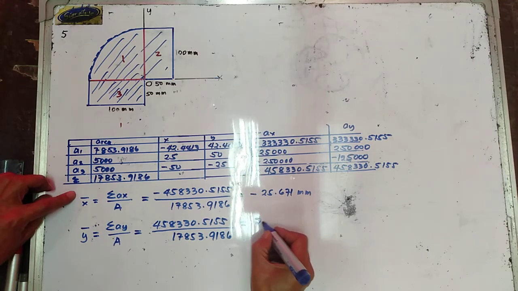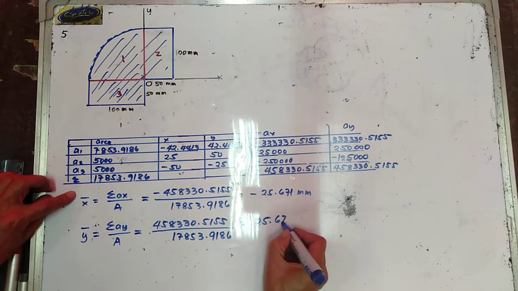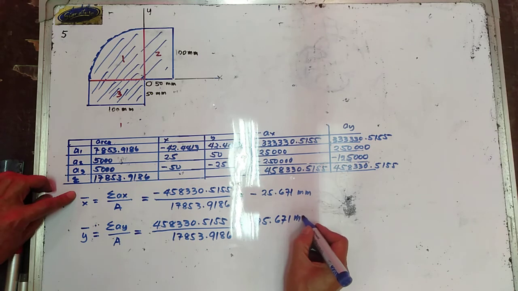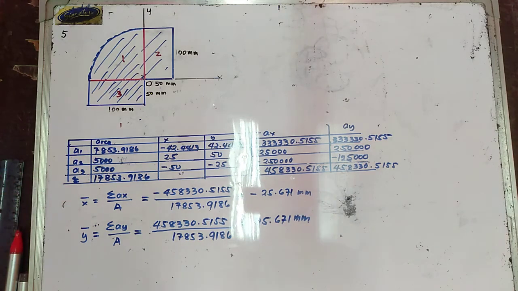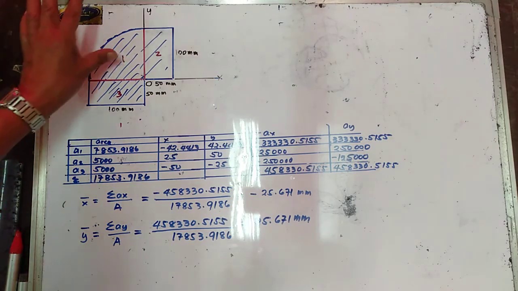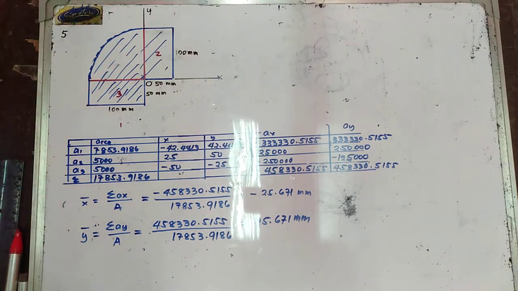So we have positive 25.671 millimeter. So the centroid of this area is located at negative 25.671 from the y-axis and positive 25.671 from the x-axis.